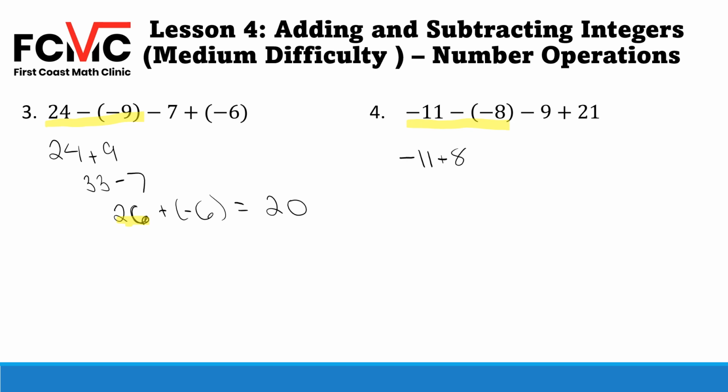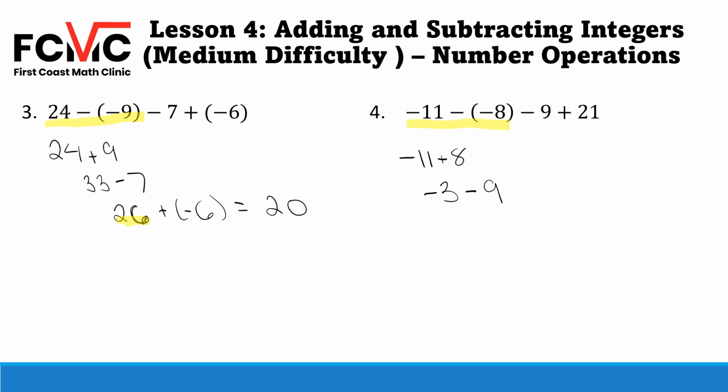So now we're adding two numbers of opposite signs, so we want the difference. So what's the difference between 11 and 8? The difference is 3. And which of these two numbers is furthest from 0? Is it the negative 11 or the 8? Well, the negative 11 is further from 0, so our sign's going to be negative. Now let's bring down the minus 9.